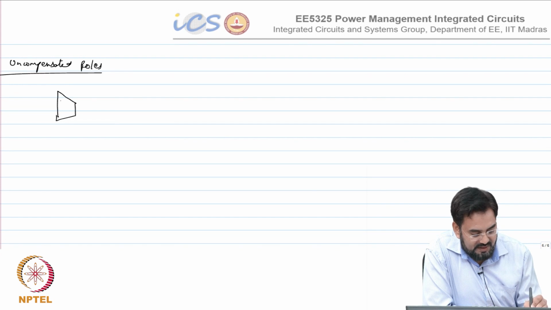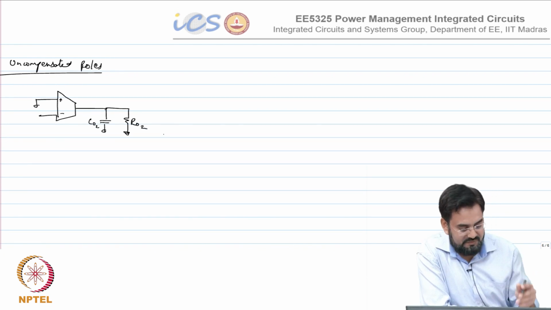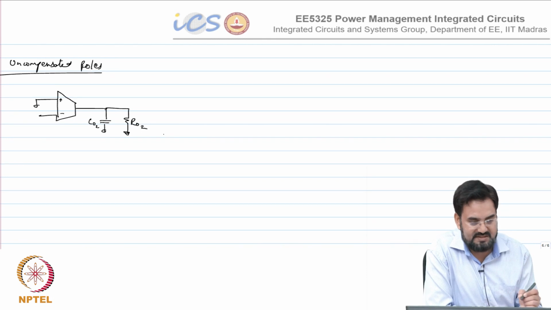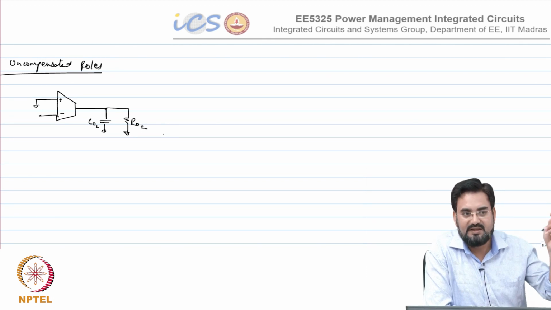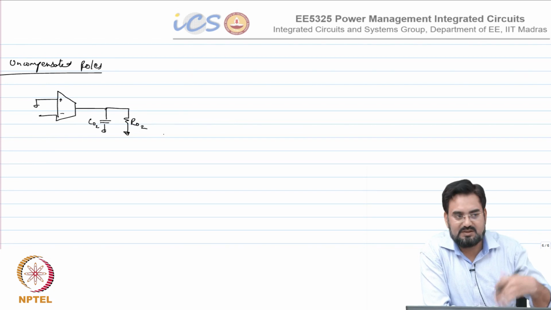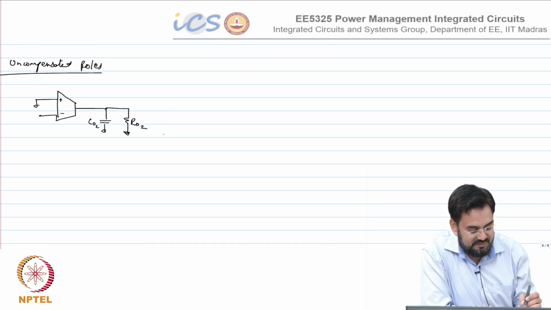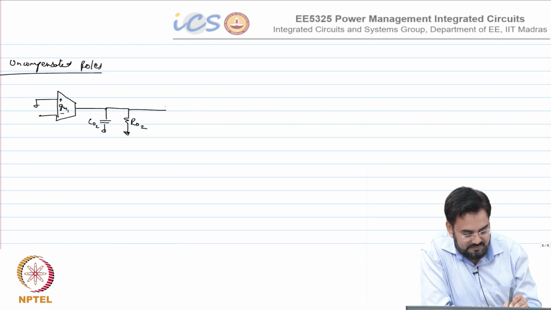So, here I am drawing your first stage for the loop gain. What you had, I called it CO2 and RO2. If you want, you can call it CO1, RO1, but when we started, we assumed RO1 and CO1 at the diode connected device, and that is the same thing I am following, so that you do not get confused. GM1, and the second stage is single ended.